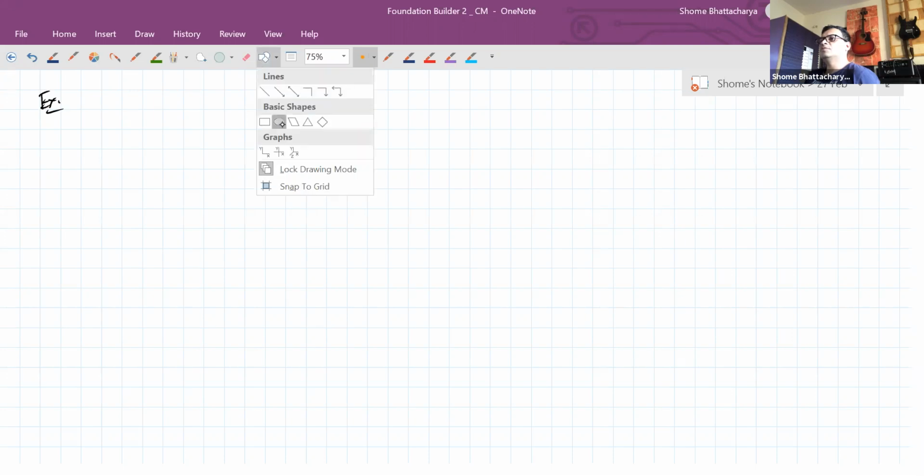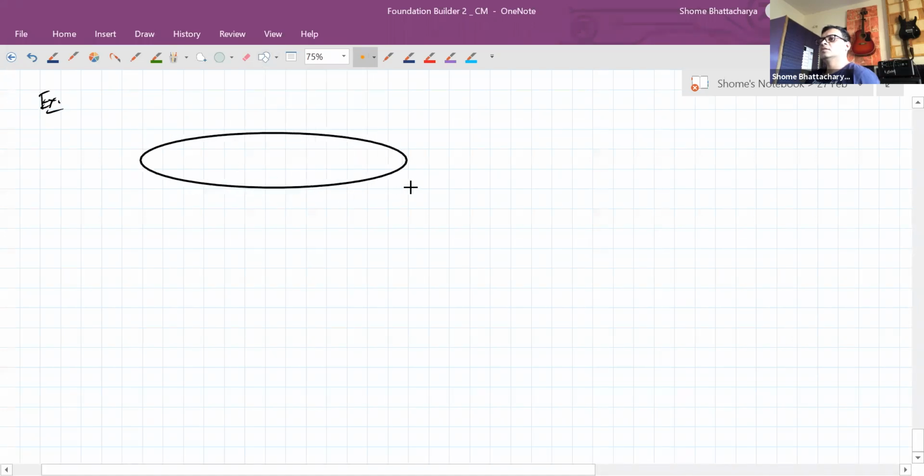So let's start with an example which is just like the case we saw to understand the concept of centrifugal force.